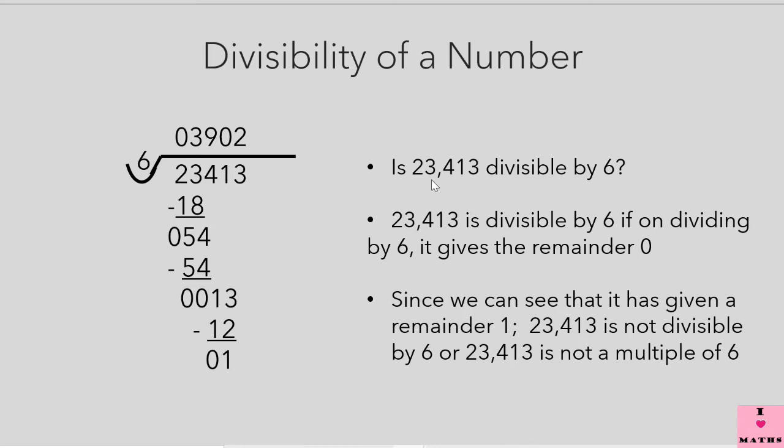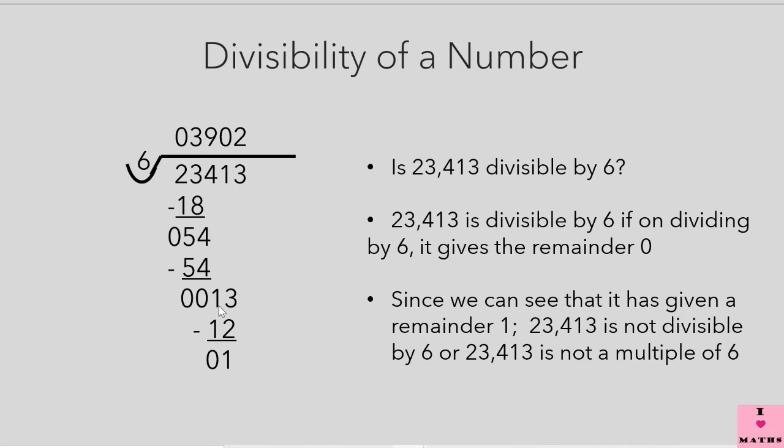Is 23,413 divisible by 6? So we are going to adopt the normal method. We will write 23,413 as the dividend, 6 as the divisor and divide it. 6 3s are 18, 23 minus 18 is 5, copy 4, 6 9s are 54, 54 minus 54 is 0, so we copy 1 from top.